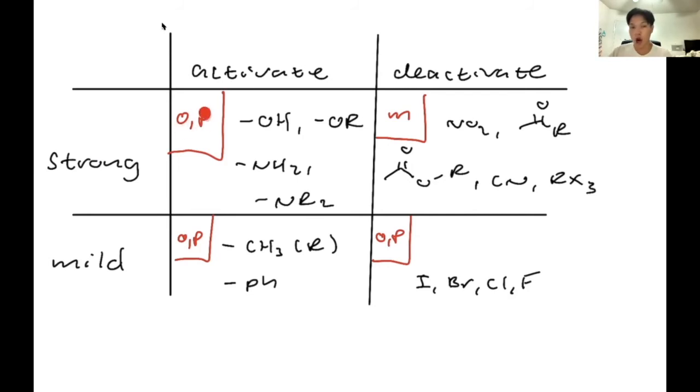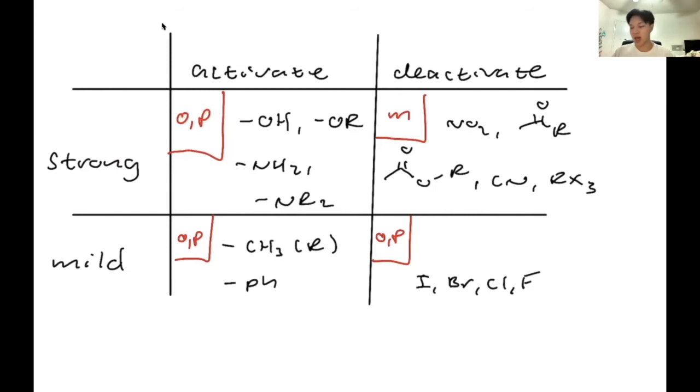And then we have here O, dash, P or M, right? Remember in our previous examples, the ortho and para positions had tertiary carbocation intermediates. So what's going to happen is if you have a group like OH on your benzene ring, it's going to be activating and it's going to direct whatever you're reacting it with. Let's say you're going to react it with bromine, Br2 with FeBr3, it's going to direct it ortho or para.